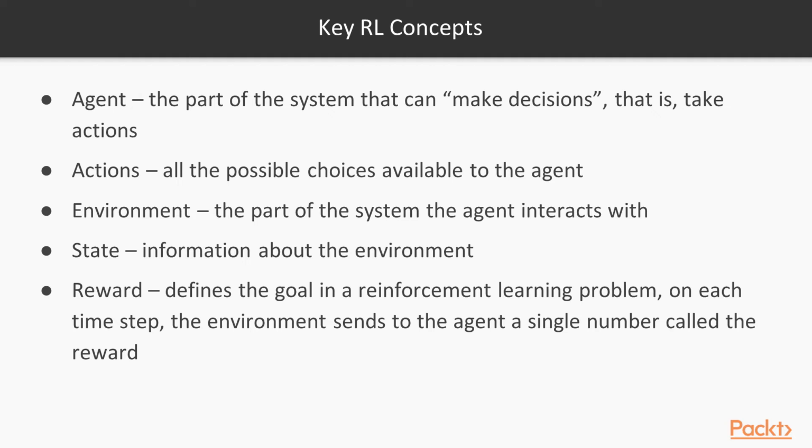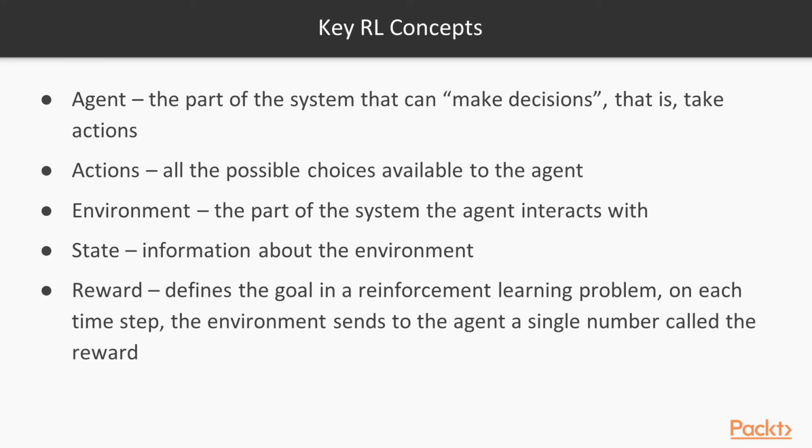An environment is the part of the system the agent interacts with, and the state is information about that environment. Finally, a reward defines a goal in a reinforcement learning problem. So, on each time step, the environment sends the agent a single number called the reward.